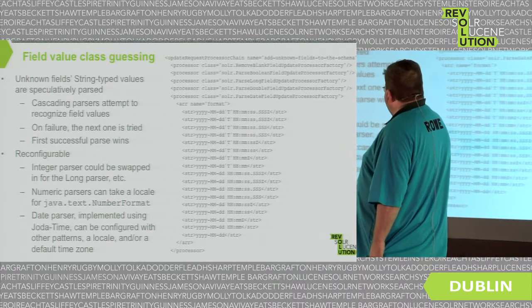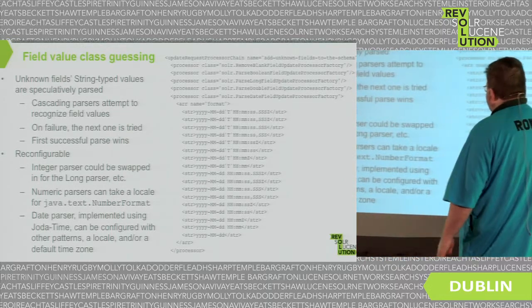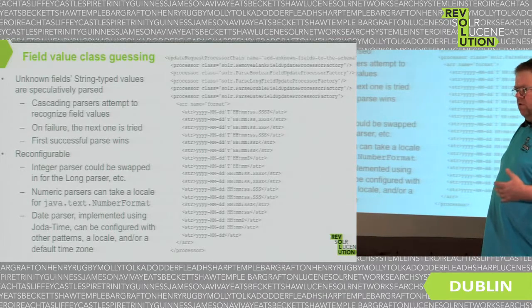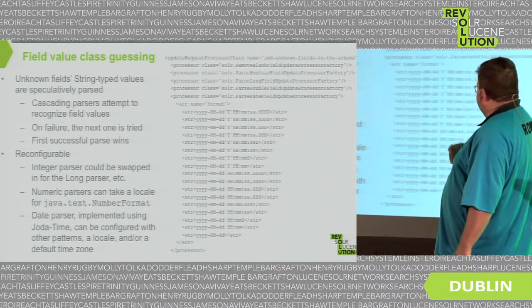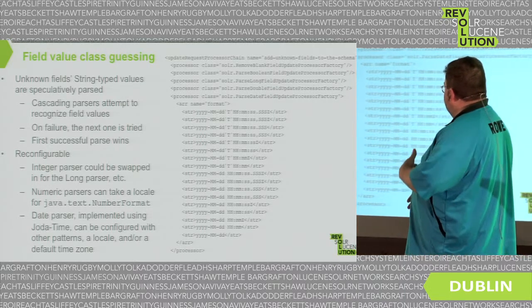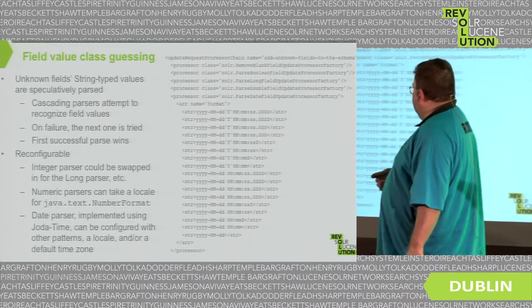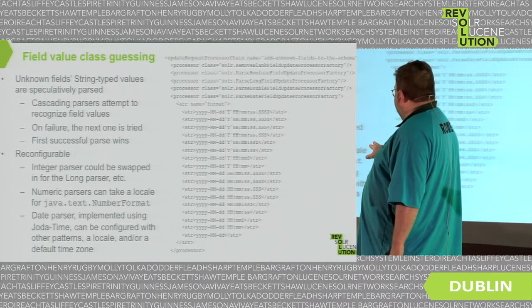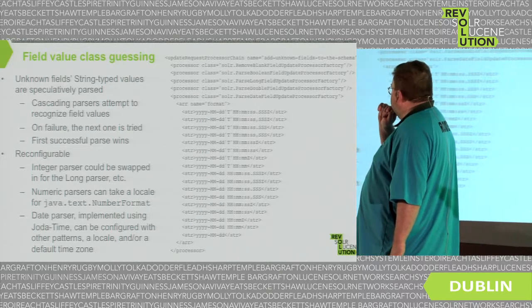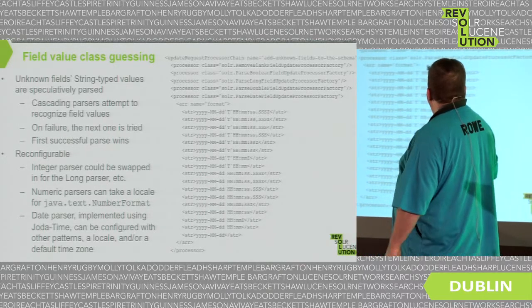So I talk a little bit about how these are reconfigurable. In addition to being reconfigurable in Schemaless Mode, as I just mentioned, these processors are usable outside of Schemaless Mode to do parsing in various ways. One of the different configurations that are possible is swapping out integer for longs.